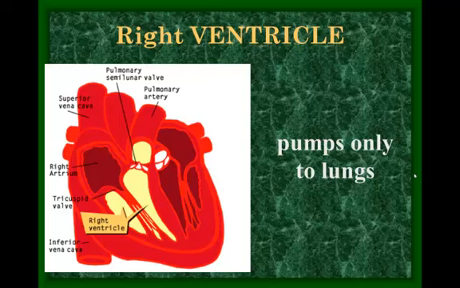So the job of the right ventricle is to take that poor oxygenated blood and get it to the lungs so it can give up the carbon dioxide and take on oxygen and become oxygen rich. And that's the job. So it's not as big of a pump. It's not going to be as muscular because the lungs are fairly close. It's not going to have to pump very far.